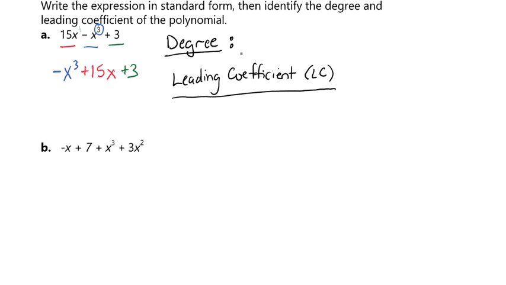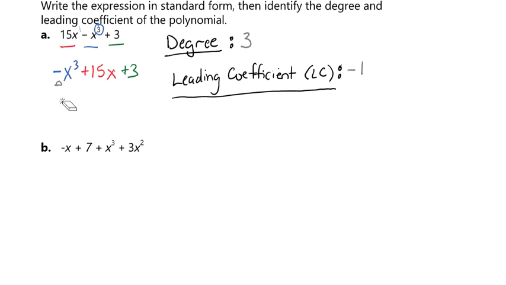Our degree is going to be the highest degree, which is our 3 right there. And so here we've got a degree of 3, and our leading coefficient is the number in front. Now this can be tricky because right here we just have that negative sign. But remember that there's secretly a negative 1 sitting right there in front of the x to the third. So our leading coefficient is going to be that negative 1.